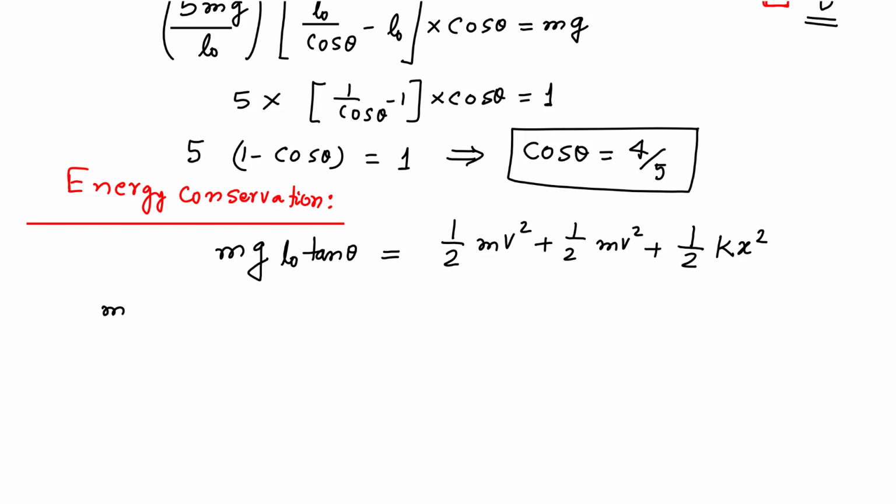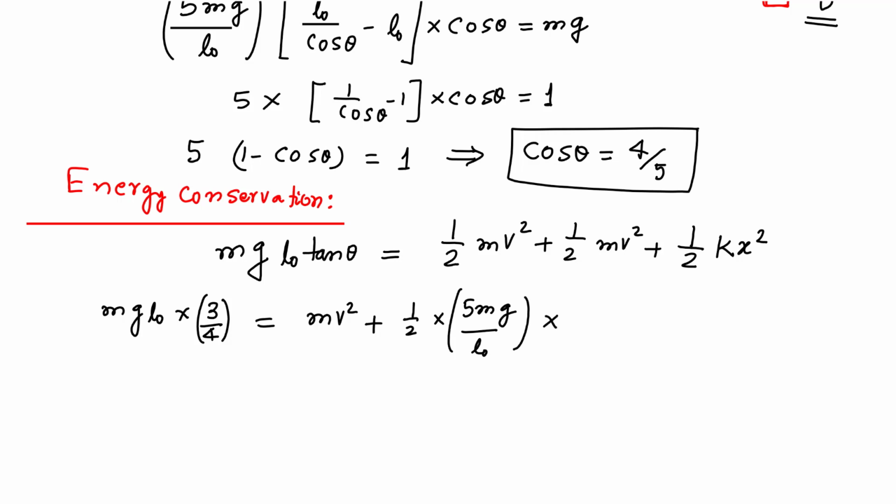So let us rewrite. We can write mg L naught, and tan theta is nothing but 3 by 4 because cos theta is 4 by 5, plus half mv square plus half mv square is mv square, plus half k, whose value is given, that is 5 mg by L naught. And x is how much?